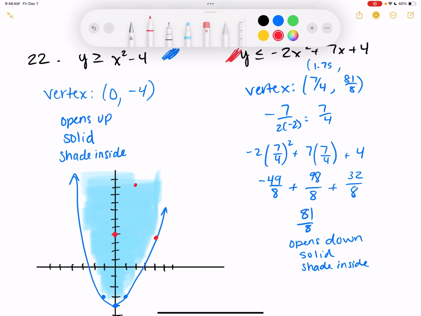I went a little too far away. Oh no, undo. I'm just going to have to reshade it. It's fine. Okay, good enough. All right, and this one is also solid, opens down. This one gets shaded inside.